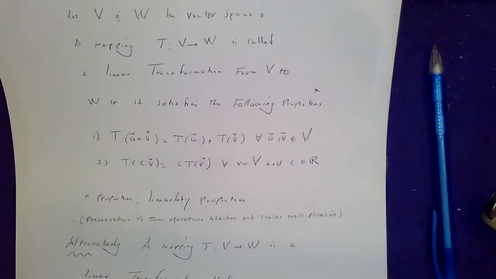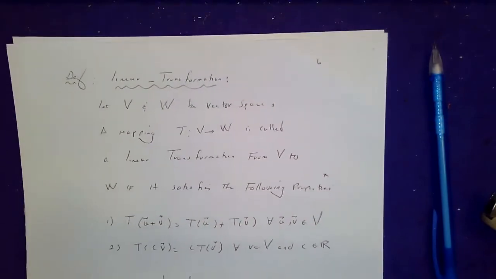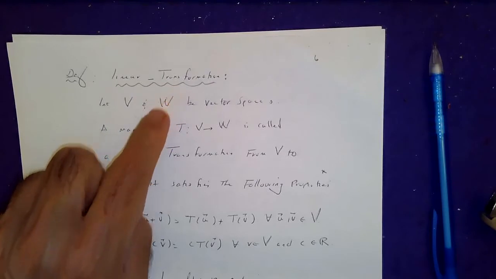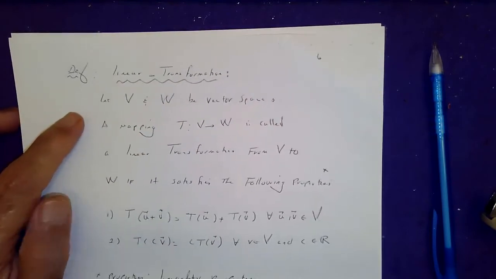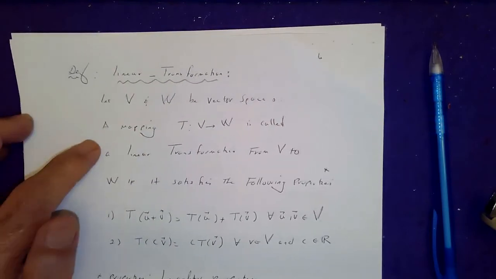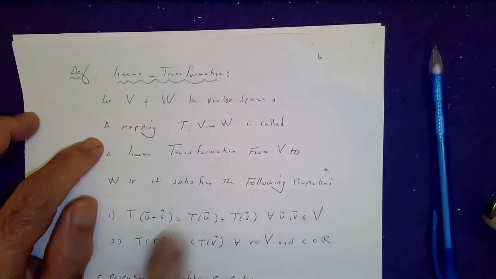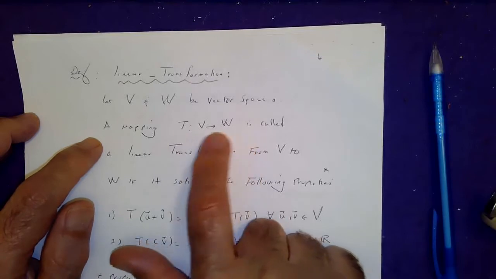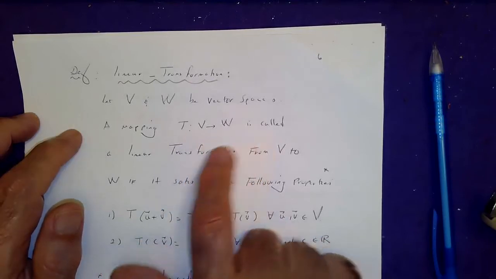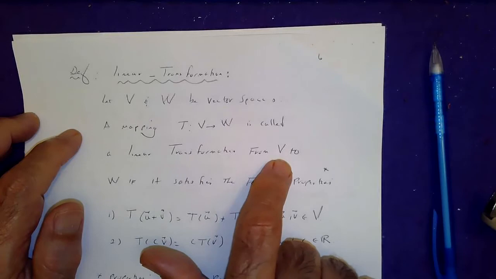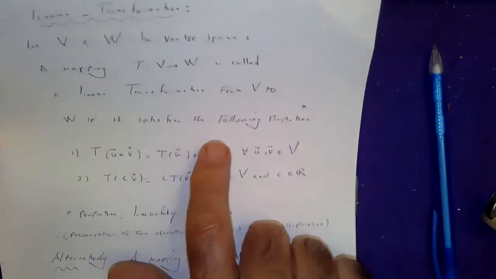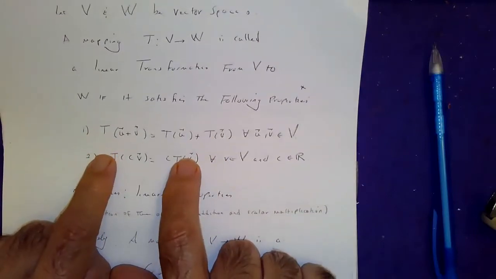So now that we know a little bit about transformation, it's time to talk about linear transformation, a special kind of transformation. Once again, let V and W be vector spaces. A mapping from V to W under the transformation T is called a linear transformation from V to W, or into W, if it satisfies two conditions.